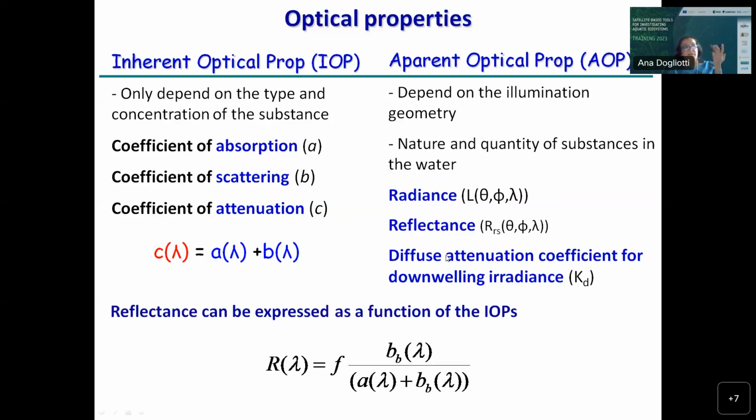So, as I mentioned before, reflectance can be expressed as a function of these IOPs, absorption and backscattering. Basically, it can be expressed as a relation between the total backscatter of the water over the absorption plus the total backscattering.